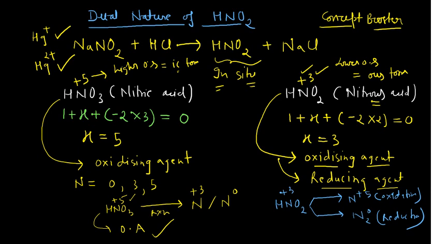So in this particular case, it can act as the reducing agent. While in the second case, when it is reducing its oxidation state, that means it is undergoing reduction. So I can write R here, I can write O here. When it is undergoing reduction, that means it can act as the oxidizing agent. This is the basics of chemistry. So now it is quite clear to you why this HNO2 has the dual nature, that means the oxidizing agent as well as the reducing agent.